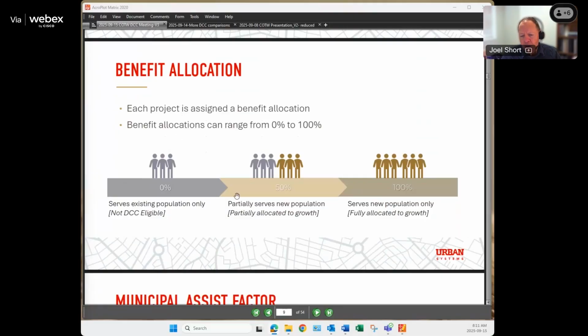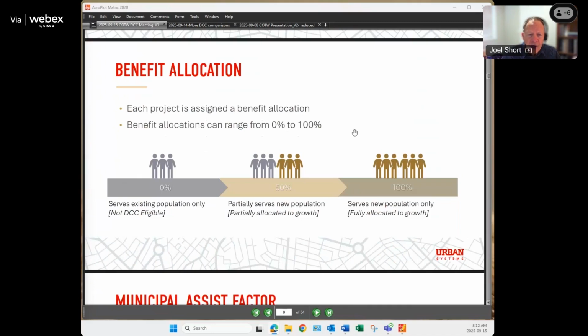And then you can shift over to something that partially serves new population and is partially allocated to growth. And in this case, we've got, say, 50-50. And then at the other end, we've got an example of a project that's 100% serving new population only, and that's fully allocated to growth. And that benefit allocation can be based on a wide range of things like traffic flows, sewage flows, growth as it's occurring in the future.